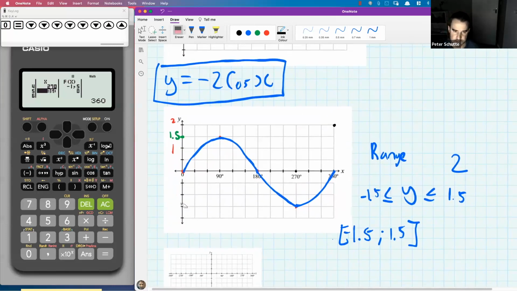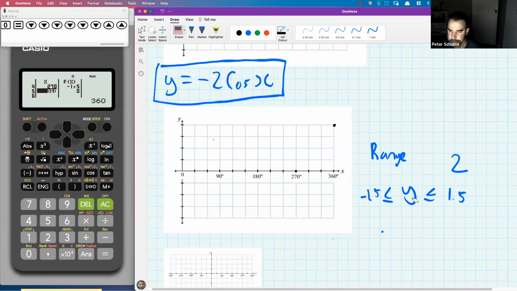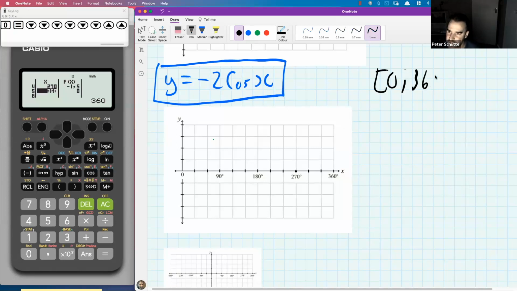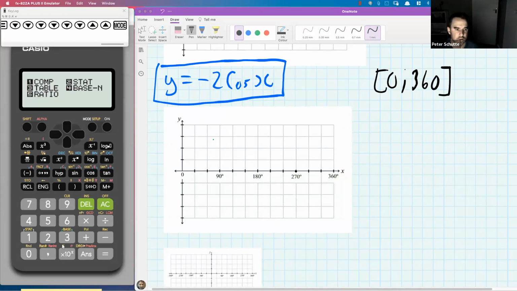And I'll just take this one out. The domain, good question. The domain is still 0 to 360. I'm not varying the domain yet. Mode, table.